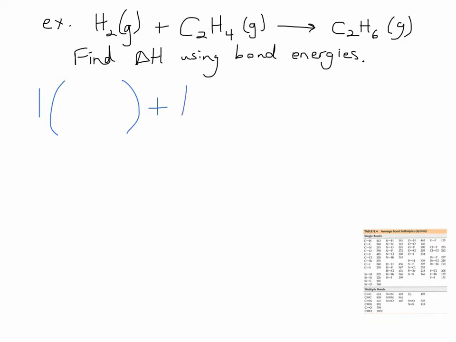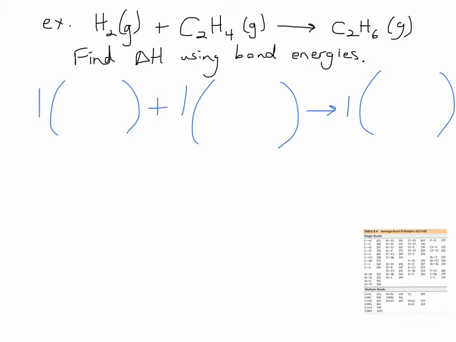Notice this equation is balanced. I should have mentioned that. So that 1 comes from the fact that there's one C2H4 molecule here, or 1 mole of C2H4 gas. And I'll draw a big parentheses here, and then an arrow, and then another 1 and a big parentheses. And again, this final 1 comes from the 1 C2H6.